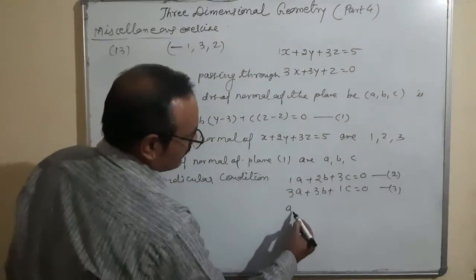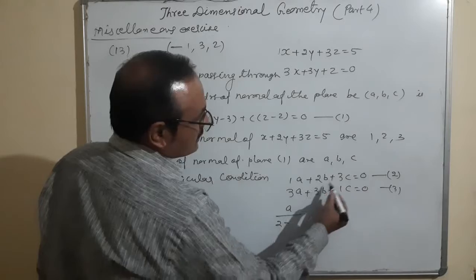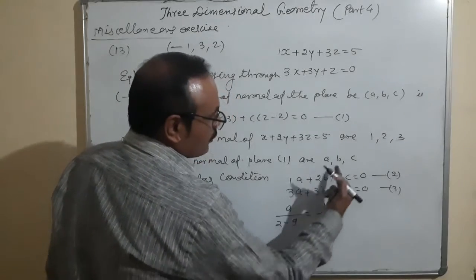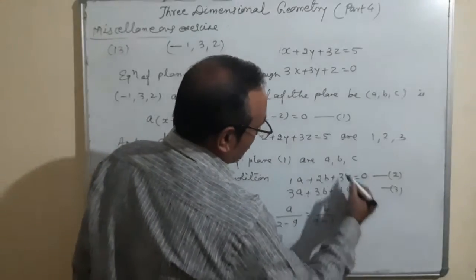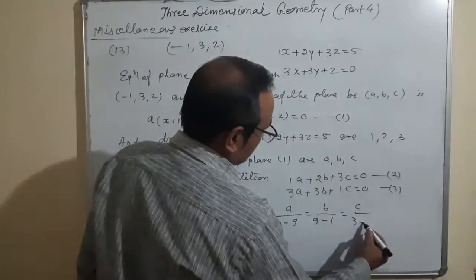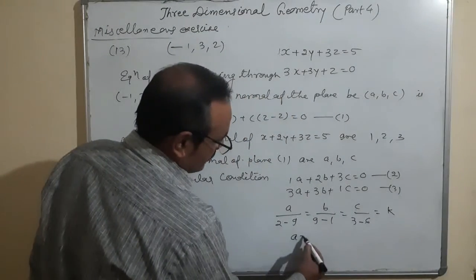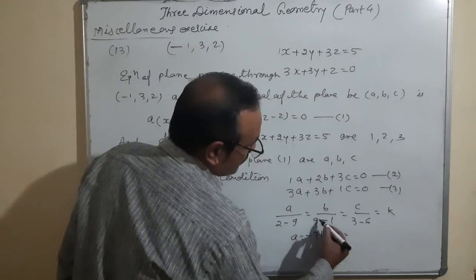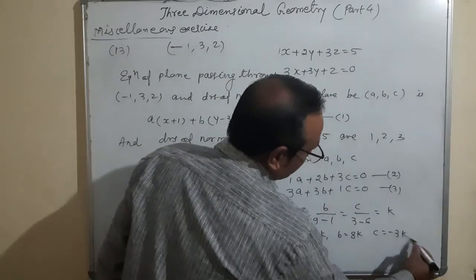So A upon, leaving this, 2 ones are 2 minus 3 threes are 9, is equal to B upon, from down to up, 9 minus 1, and C upon, it is 3 minus 6, is equal to, suppose, K. So A is equal to minus 7K, B is equal to 8K and C is equal to minus 3K.